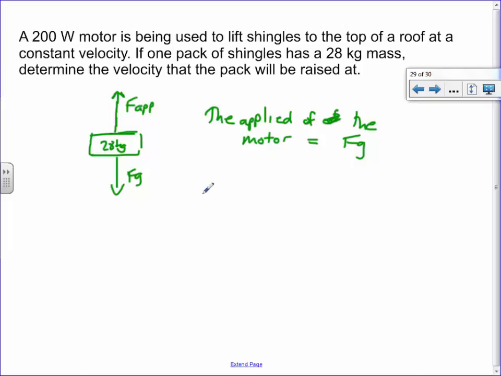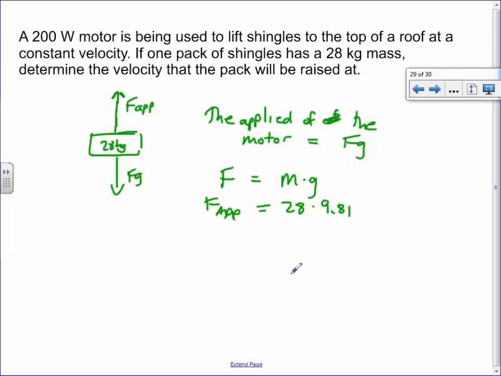So let's make the applied force equal to the force of gravity, which means our force is going to be equal to m times g, which will be 28 times 9.81. Just leave that sitting there. That is how much applied force we need, a little bit more probably to get it going. But once we get it going, so long as that's the applied force, it will continue raising upwards according to Newton's law of inertia.